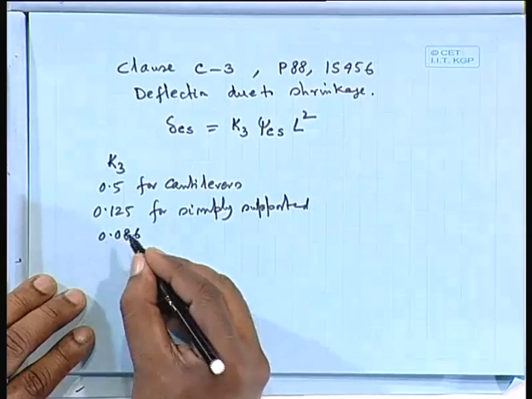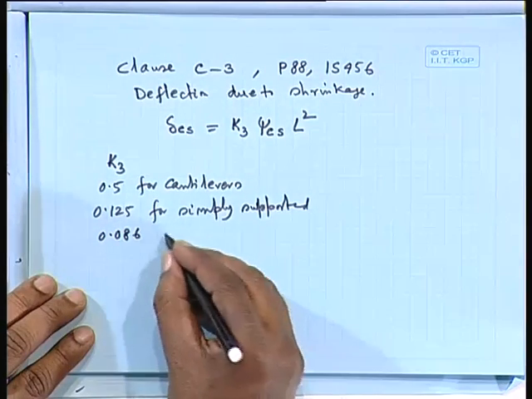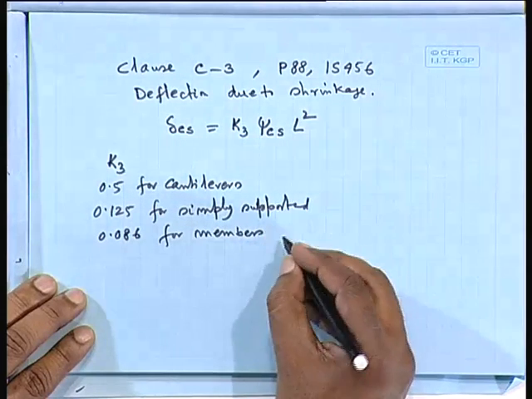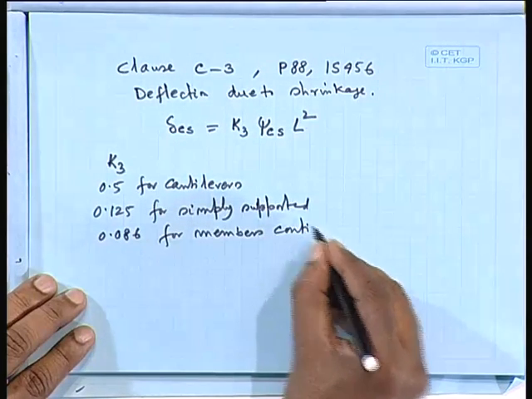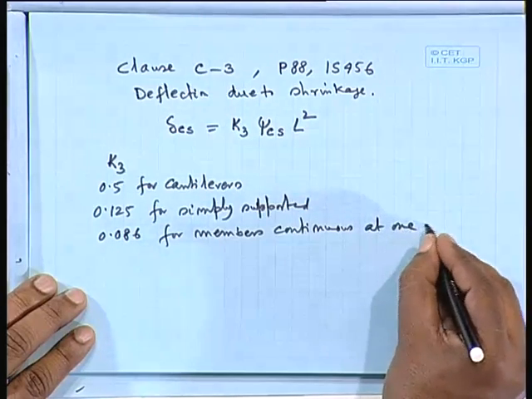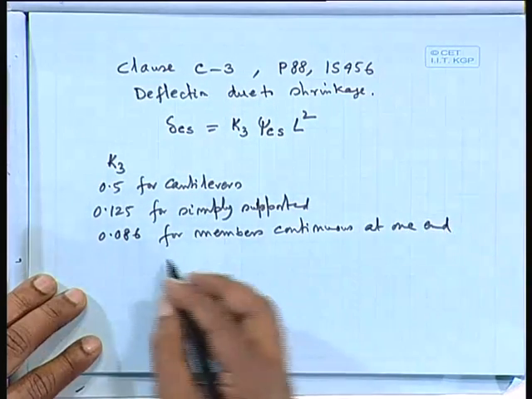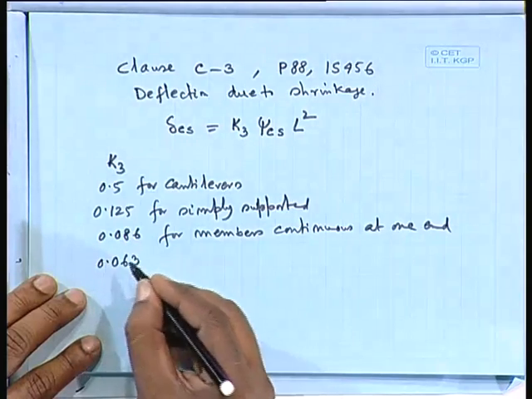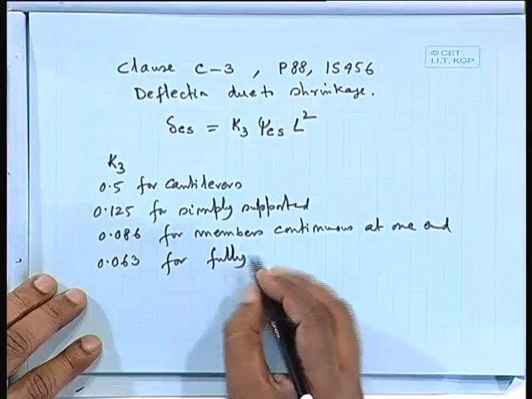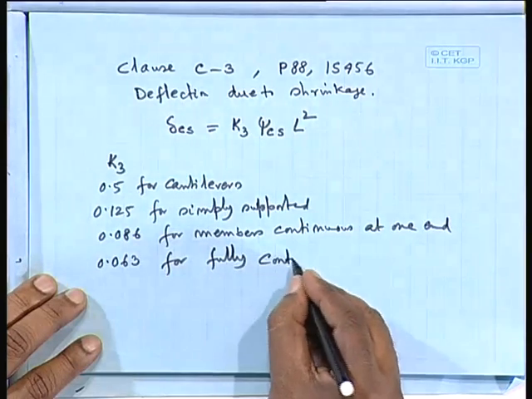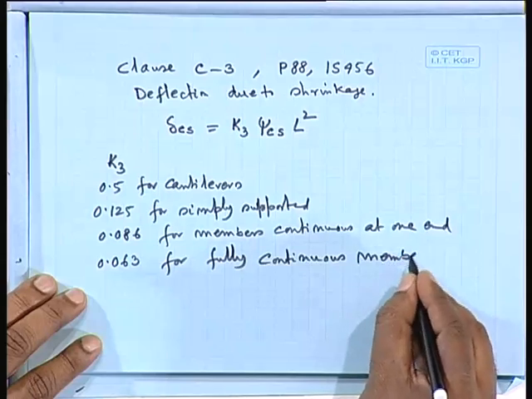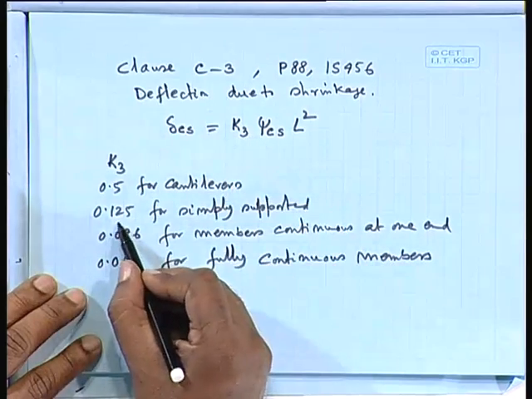0.086 for members continuous at one end, and 0.063 for fully continuous members. In our case, K3 will be equal to 0.125.